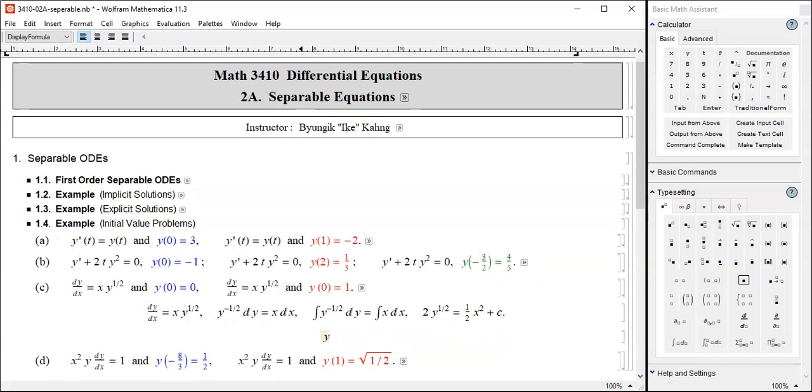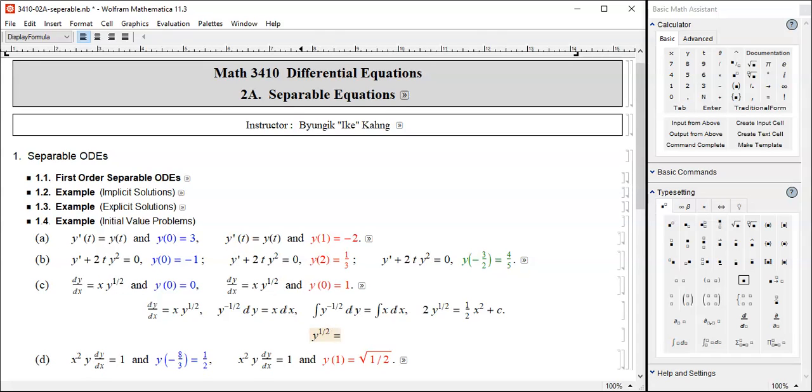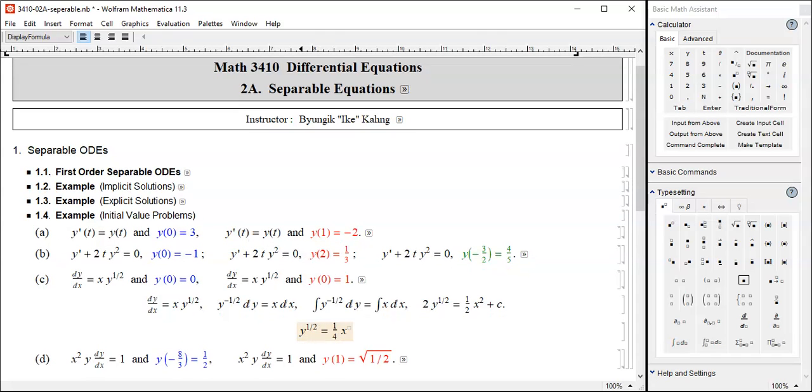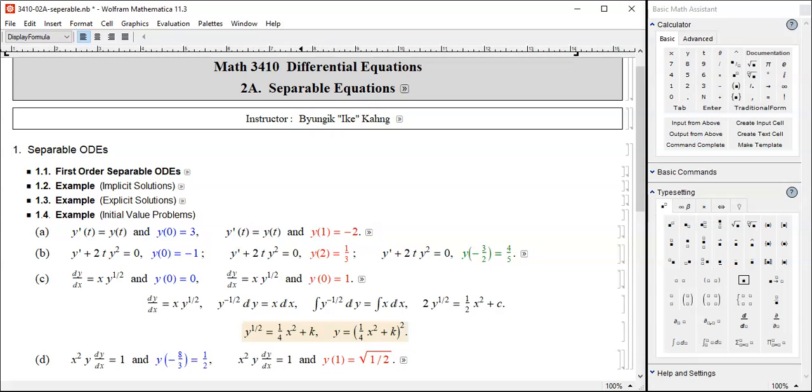So y to the 1/2 power is 1/4 x squared plus c over 2. And c over 2, that's just a constant to be determined, so take another constant, k. And then square both sides. y equals 1/4 x squared plus k, total quantity squared. And there goes my general solution.